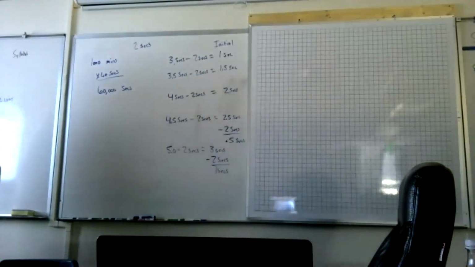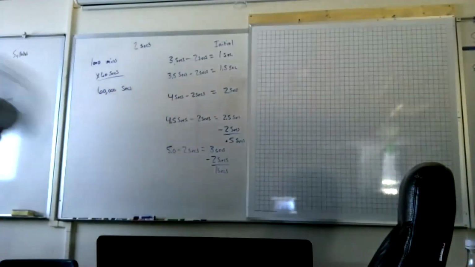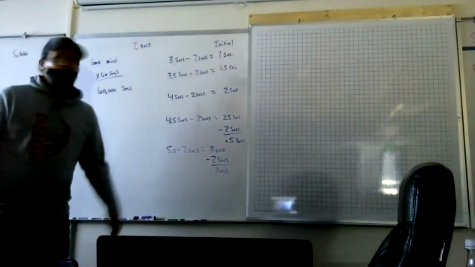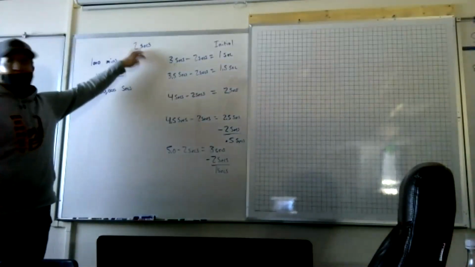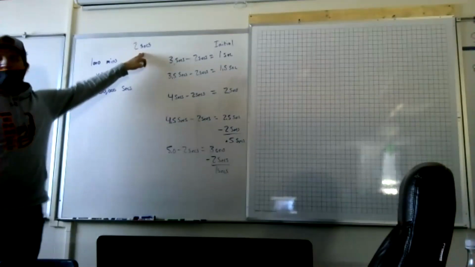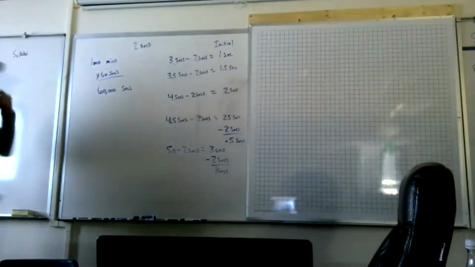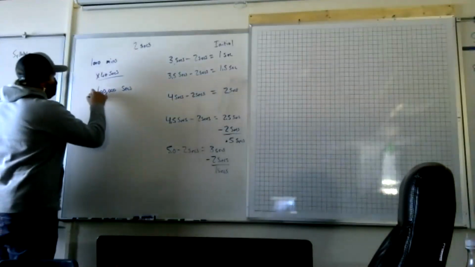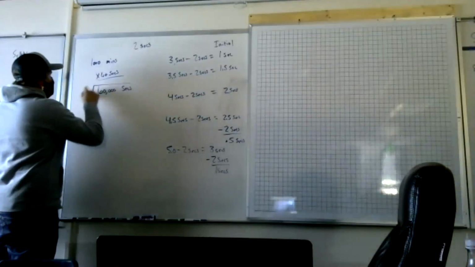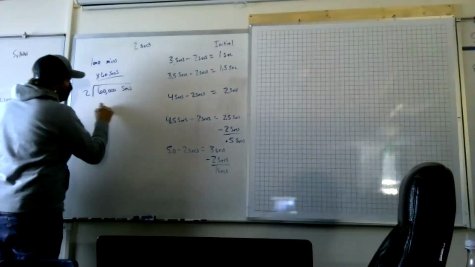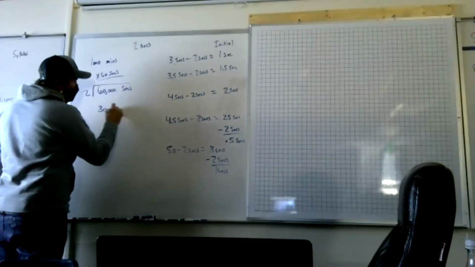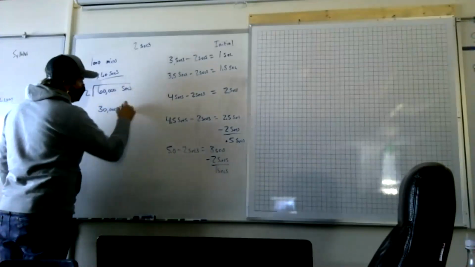Now, how many rotations did I make? If it takes me 2 seconds per rotation, and I've been pedaling for 60,000 seconds, I divide that by 2 and get that I made 30,000 complete rotations.